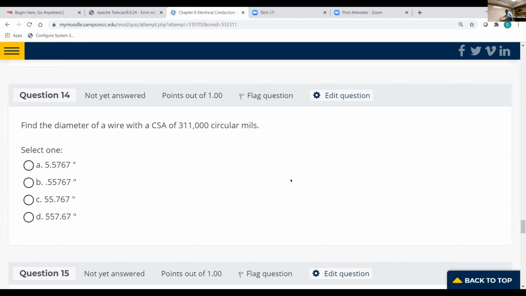577.67 mils. So if you keep the exact number there and square that, square 577.67, see what happens. 0.311.